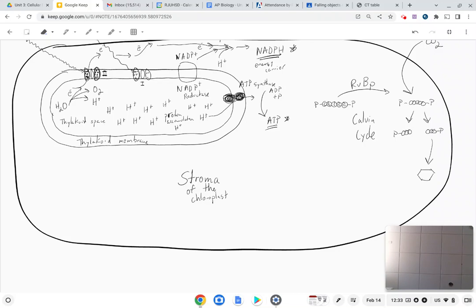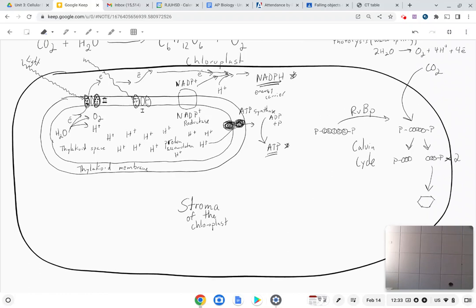Times 2. So put a little times 2 right here. And then the other thing we need to build this sugar molecule is we need energy. And so thankfully we've got the energy. So show with a dotted line, some of this ATP is going to come down here.